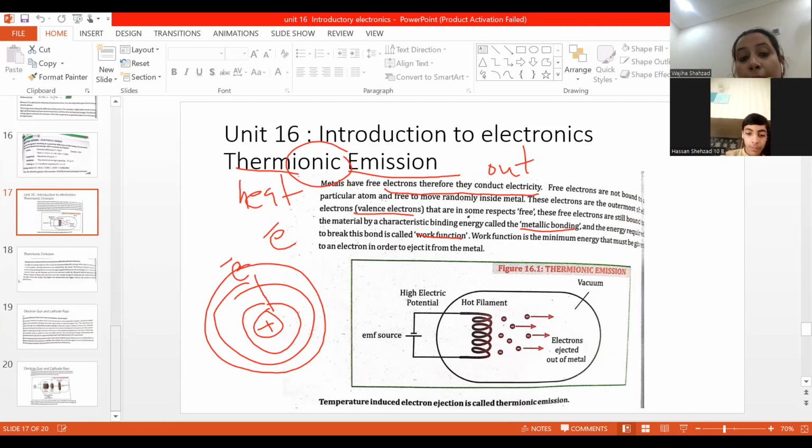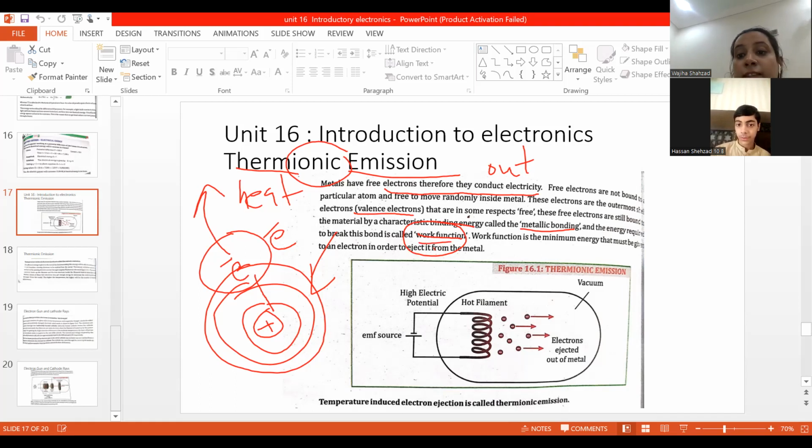So what will happen when we provide extra heat or extra energy to this atom? This electron will leave the valence shell and become a free electron. So we break its metallic bonding with the nucleus, and this process is known as work function.